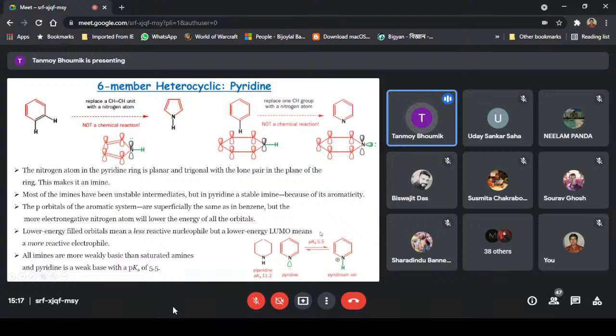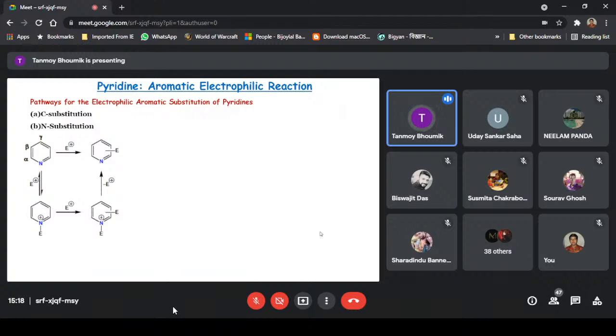Now here is pyridine, and I am showing the mechanism. In the case of pyridine, the pKa value is 11.2, and pyridine is less basic than this compound. So pyridine accepts a proton, and after that there is electrophilic substitution.